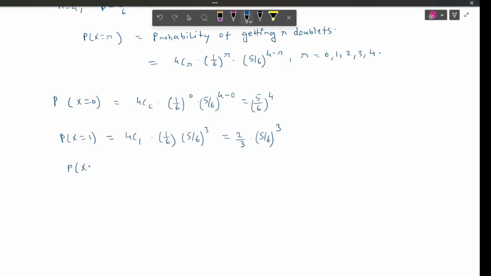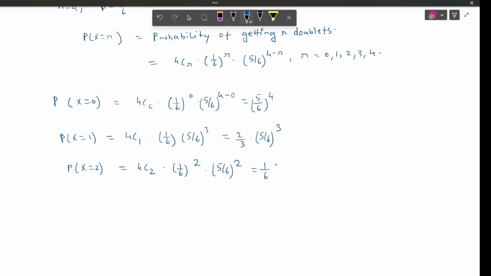P of x equals 2, this would be 4C2, 1 by 6 to the power r, that is 2, and 5 by 6 to the power 4 minus r, that is 4 minus 2 is 2.